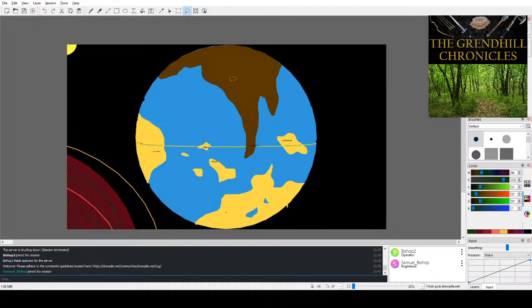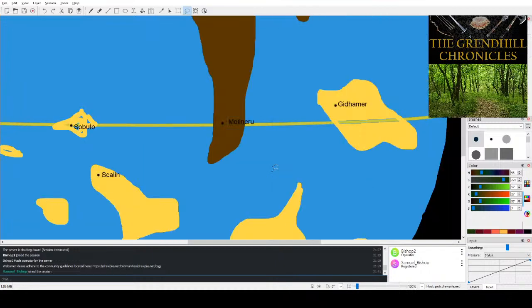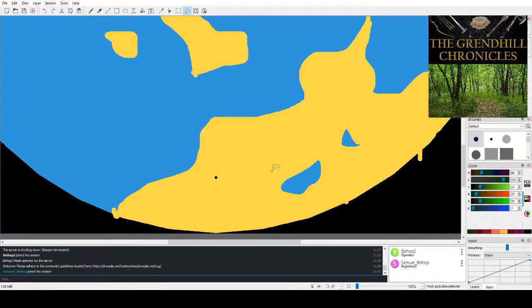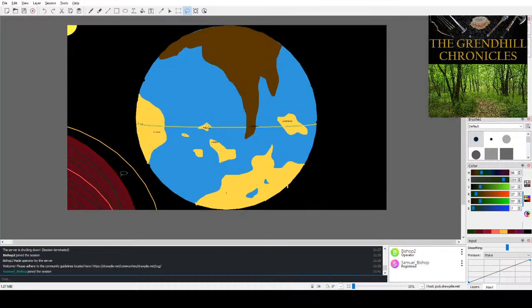Whoa. Bah! Okay, I'm going to erase this world. I mean, the gas giant. I'm just going to erase it. We'll just have to conceptualize it.